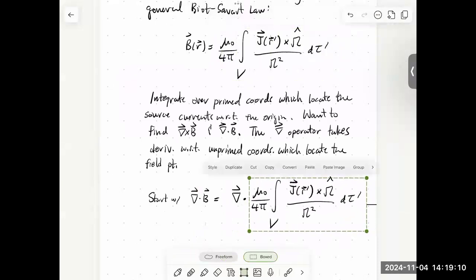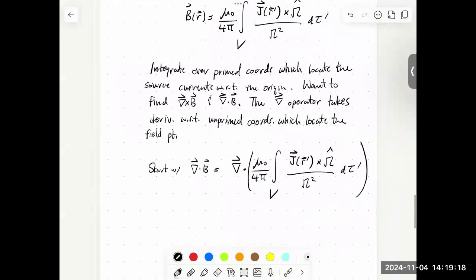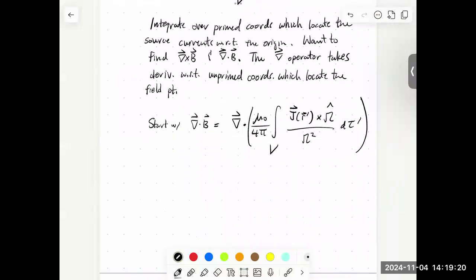All right, so we're going to take the divergence of that whole thing. Now, I'm integrating with respect to primed variables, and I'm taking derivatives with respect to unprimed variables. So I can take my del operator inside the integral. And so let's do that.